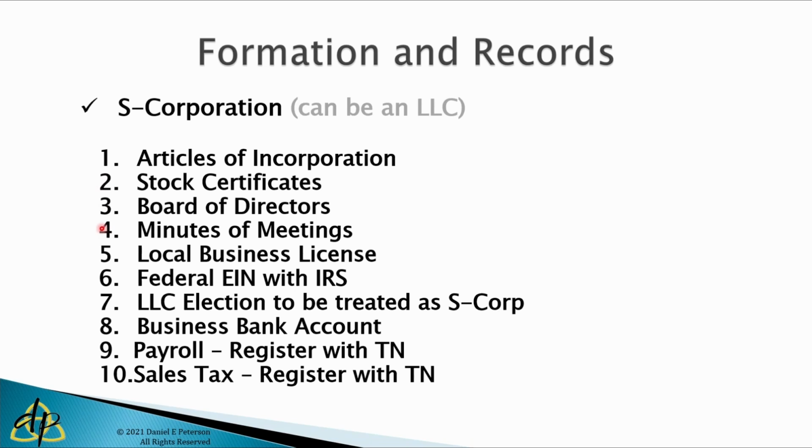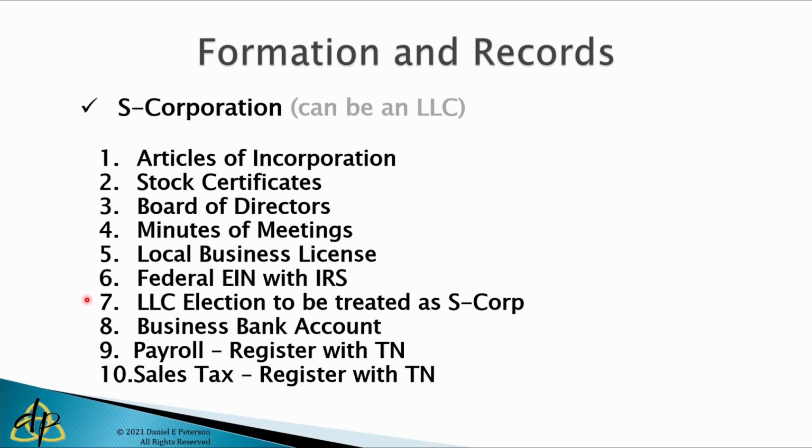You can form as an LLC and elect to be treated as an S corporation. There's a special election form that has to be filed. I've identified here in item number 7. The LLC requirements for stock certificates, board of directors, minutes of meetings is not as heavy or burdensome. So many folks like that limited liability company structure because of its ease of administration.